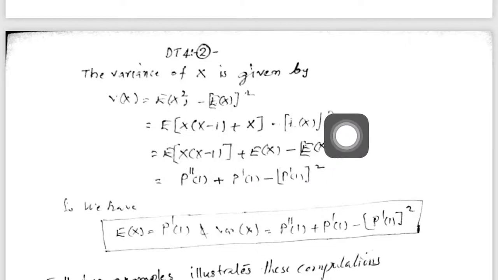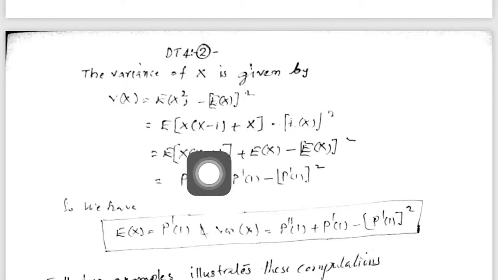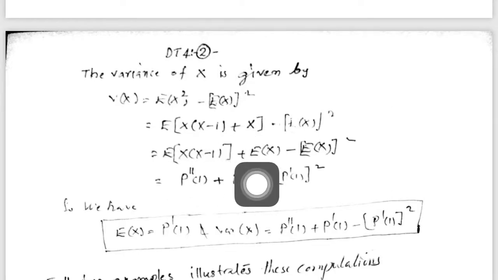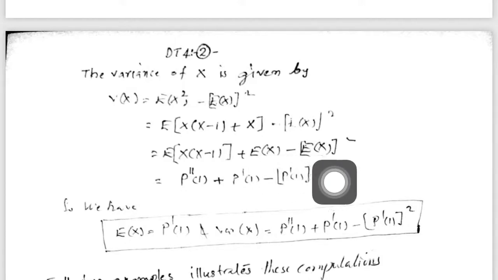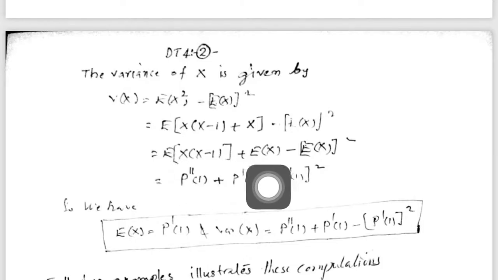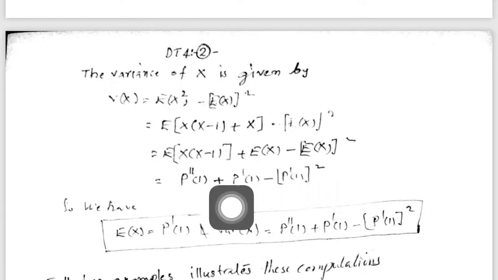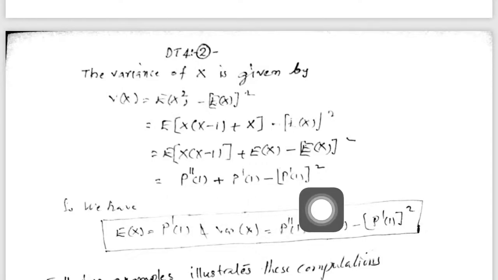On simplification, this is expectation of x into x minus 1 plus expectation of x minus expectation of x the whole square. The first term is the second derivative evaluated at s is equal to 1, and the next is the first derivative evaluated at s equal to 1, and the square of it, that is P double prime 1 plus P prime 1 minus P prime 1 the whole square.